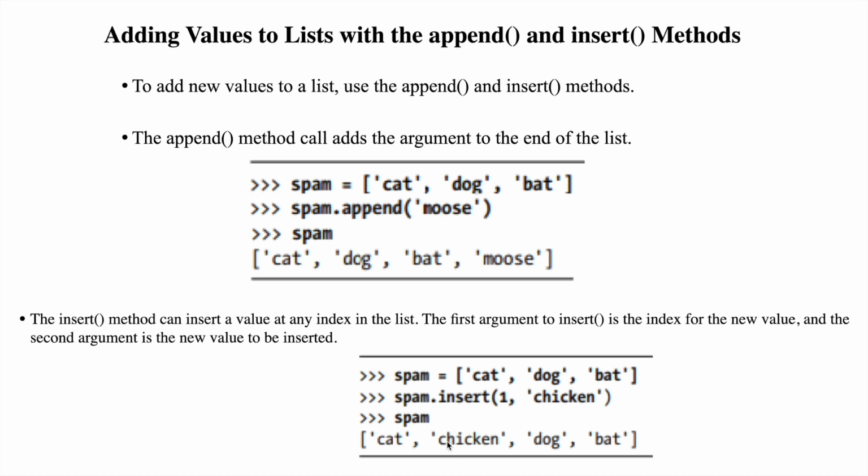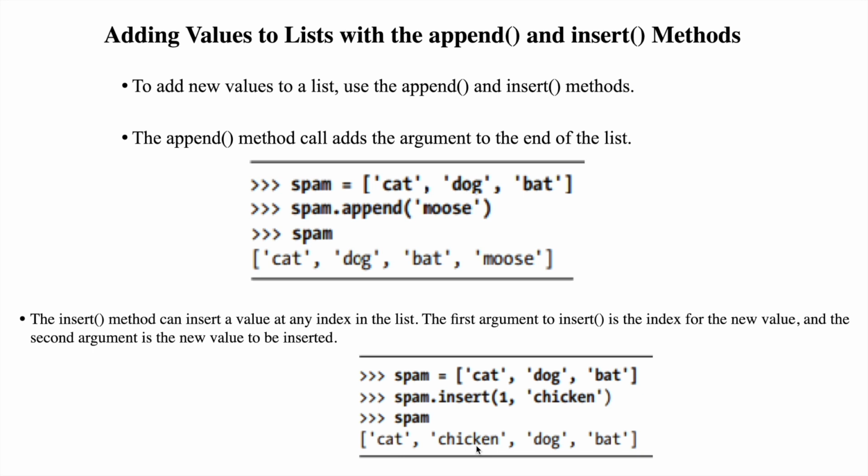See the output: cat, chicken, dog, bat. Chicken is inserted at index 1. In this way, you can insert any value at any index using the insert method. With append, you can't insert at any position; it will insert the value only at the end of the list.